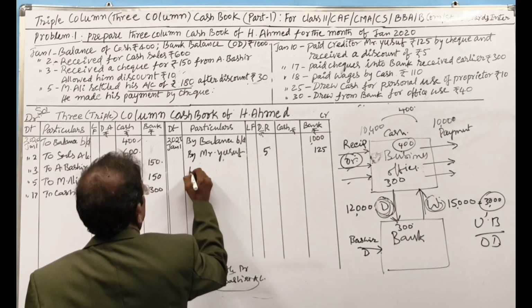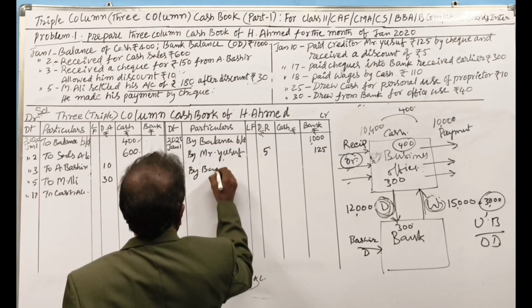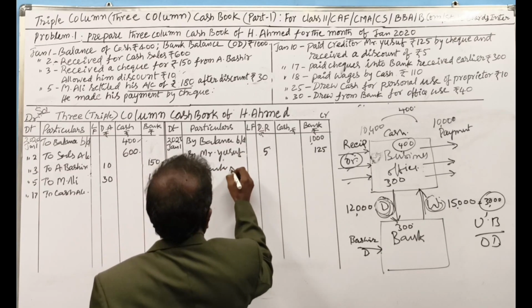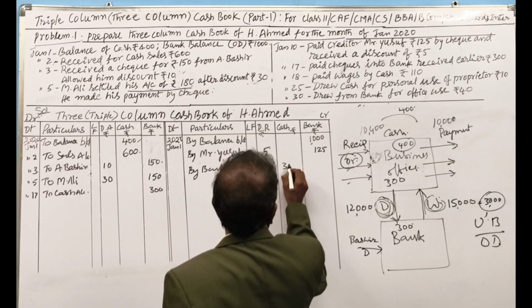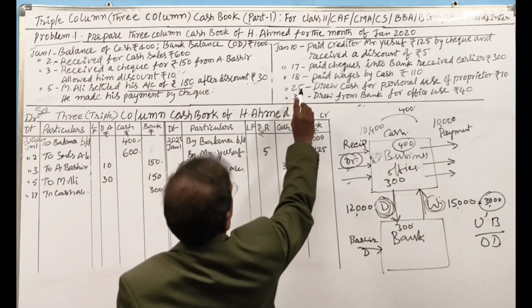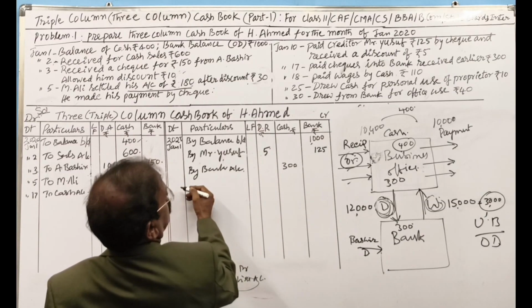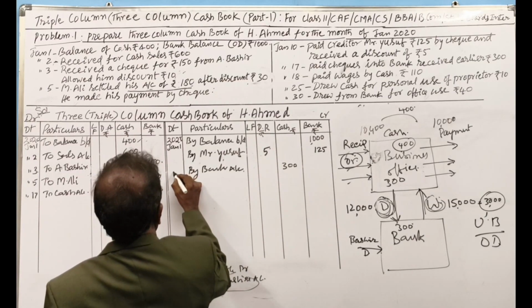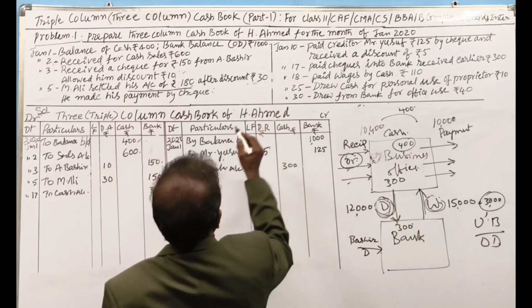So here you should write by bank. Bank account. What is the amount? 300. You must be very careful to understand this. What is the date? Date is 17th. Yusuf's date is 10th.